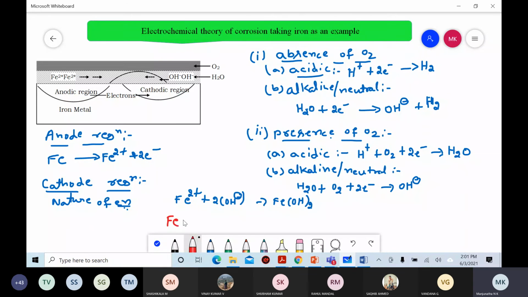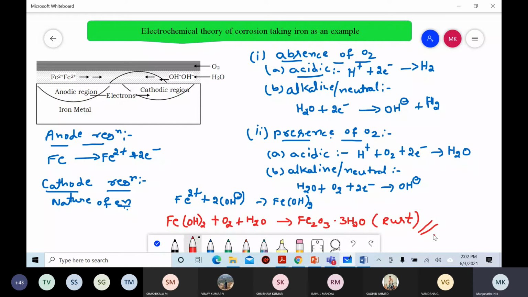Therefore, it again reacts with moisture and oxygen, forming a hydrated ferric oxide layer. This hydrated ferric oxide layer is called the rust form of iron. In this way, when iron metal is exposed to the surrounding environment, it undergoes corrosion.